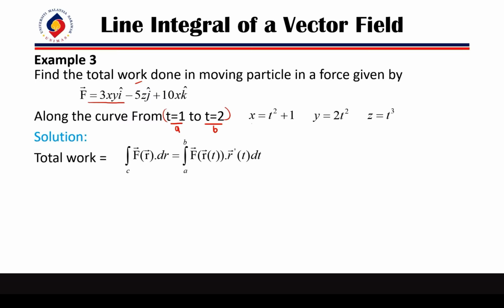Within this curve, x is equal to t squared, y is equal to 2t squared, and z equal to t cubed. So first of all, the parameterization is given, the limit is given, so just plug in inside this force here.